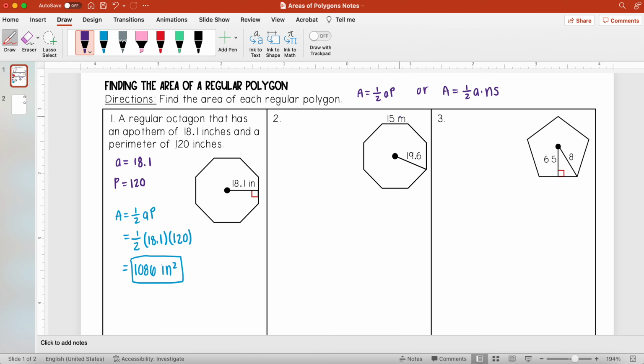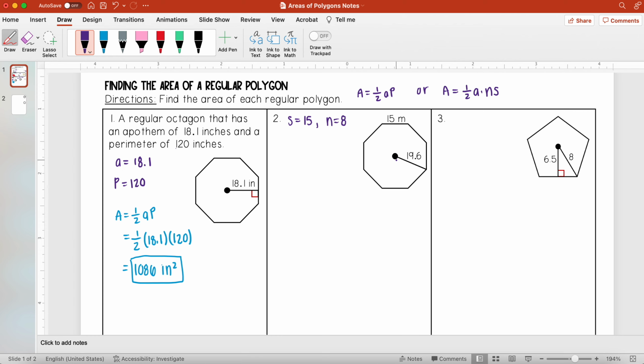But for this one, since I am given the side length and I know the number of sides, I'm going to be using the second formula here. So I know that S is equal to 15 meters. That's my side length. And then I see that I have 8 sides, so N is equal to 8. So now I just need to figure out what A is.